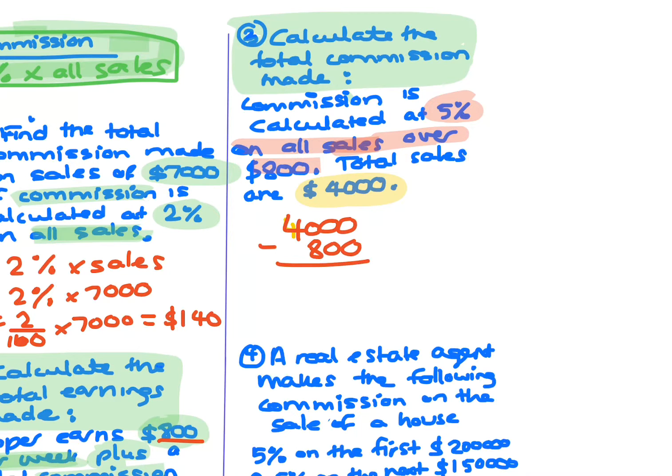You need to take the 800 away, and you end up with 3,200. Then your commission is 5% times the 3,200, and you'll end up with $160 as your commission.